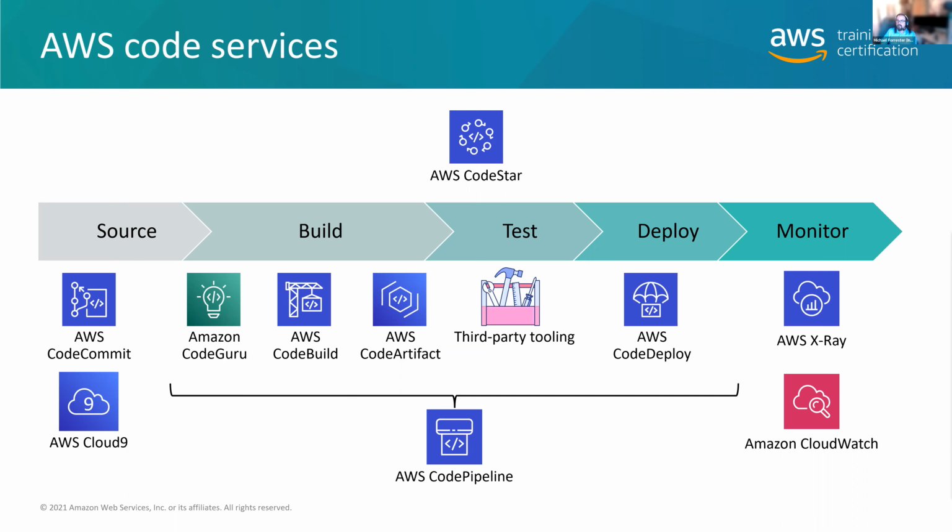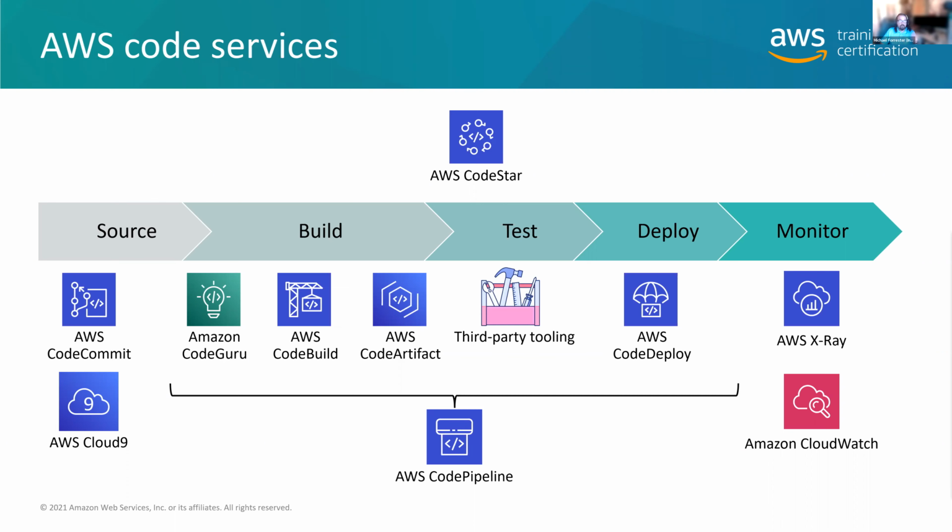Do you know anything about the billing of any of these services? Code Commit charges per user, and if you're on the free tier, you get 5. Code Artifact charges you for the amount of storage. Code Build charges you for the execution time. You have to use EC2 instances or Docker to do the actual building, so it's going to spin up infrastructure.